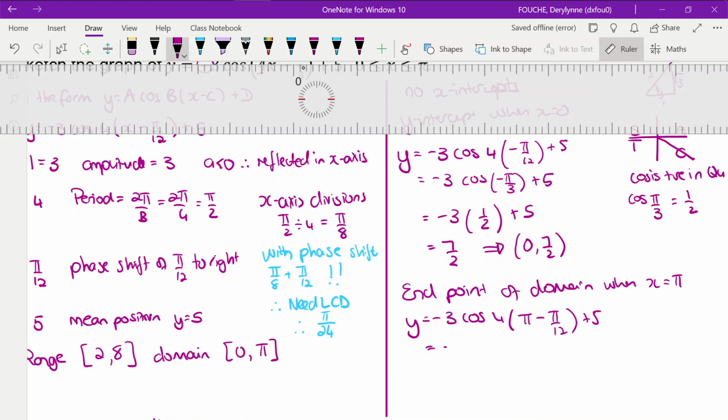And again, that's going to give me negative 3 cos of 11 pi on 12 times 4, which gives me 11 pi on 3. And 11 pi on 3 is 3, 6, 9, 12, so that's the same as 12 pi minus pi on 3.